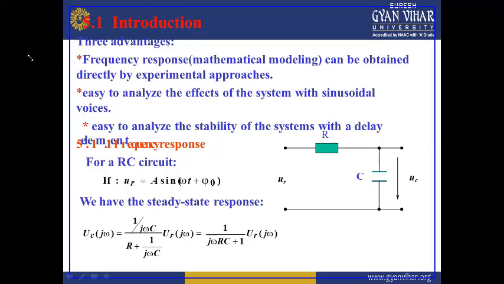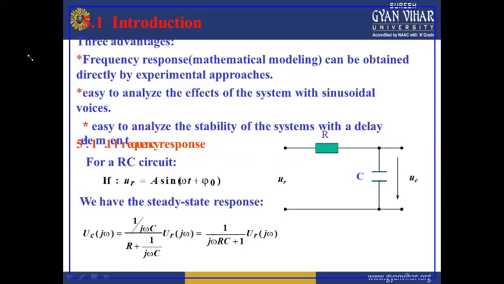Now we have the steady state response, where the input is given by a sine of omega t plus phi naught. When I substitute s equal to j omega in the s domain, we will get the responses in the frequency domain.